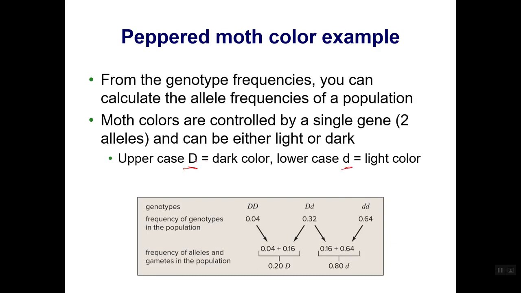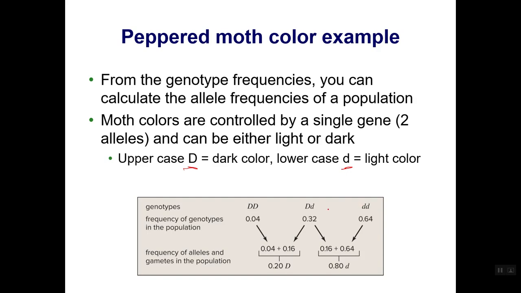That means dark is dominant over light. The possible genotypes are DD, which is homozygous dominant, Dd, which is our heterozygote, and dd, which is homozygous recessive.